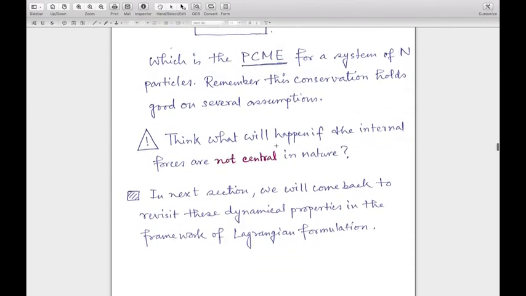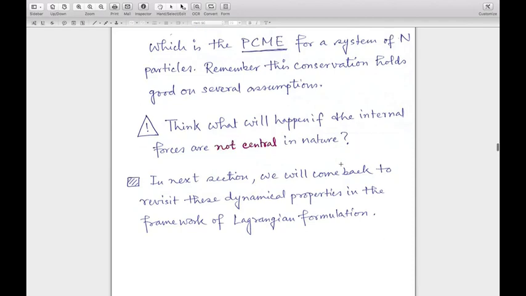Now, as a brain twister I am giving you to think: what will happen if the internal forces are not central in nature? They are conservative, but they are not central in nature. Then how to proceed? Think and search. These are some problems you can think of on your own without asking me for further answers. But if you find something, then you can come and suggest to me, sir, is this the correct way to go, or is this the correct answer.